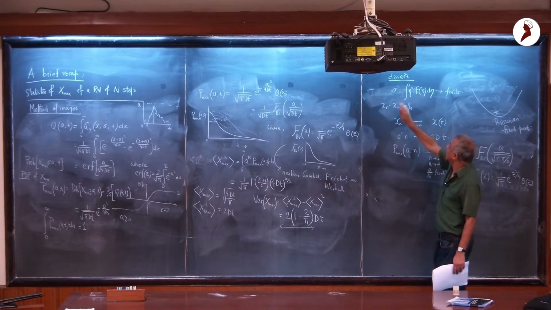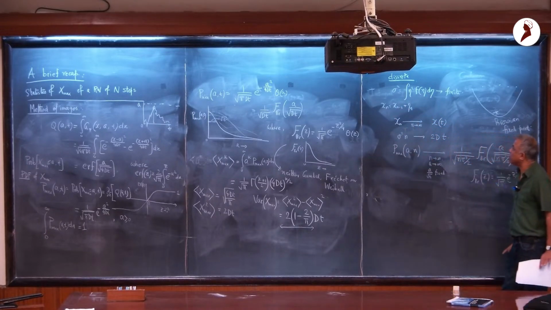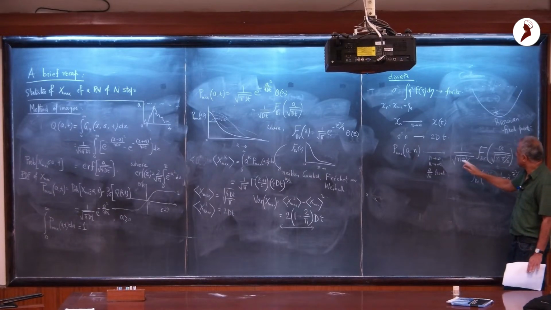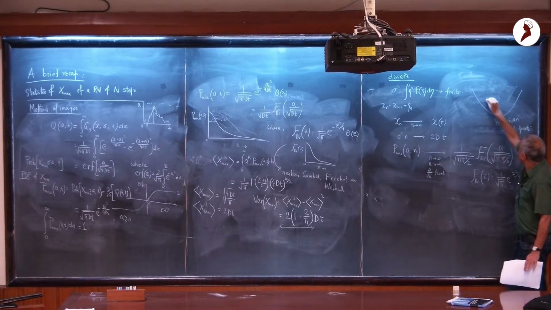The only thing that you require is that the second moment is finite. Then if you scale it out, they all converge into the same scaling function, which is this Brownian fixed point. So they all flow into that.